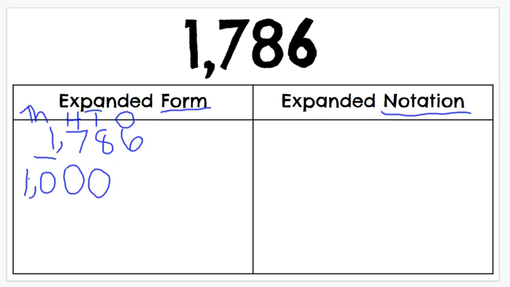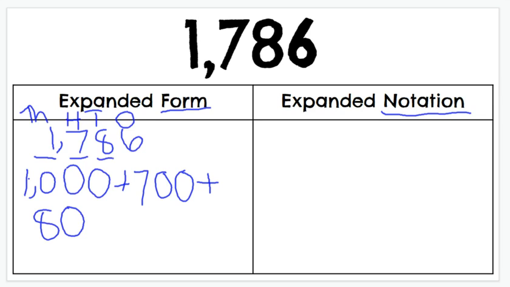My next value would be 700, because there's a 7 in the hundreds place. I'm going to continue adding each of these values. Now the number 8 in my tens place represents 8 tens, or 80. So that would be my next value. And then my next value in my ones place is 6 ones, which is the same as 6.